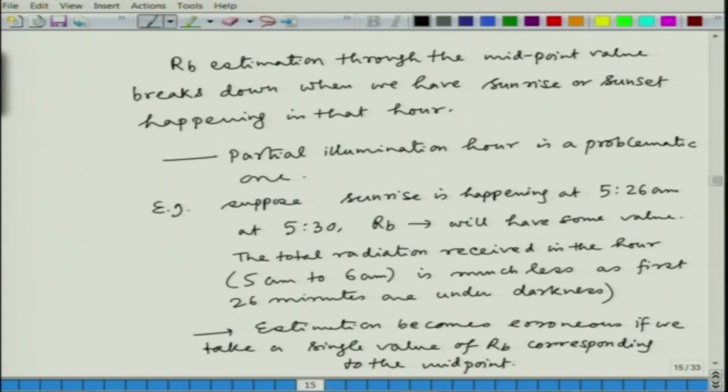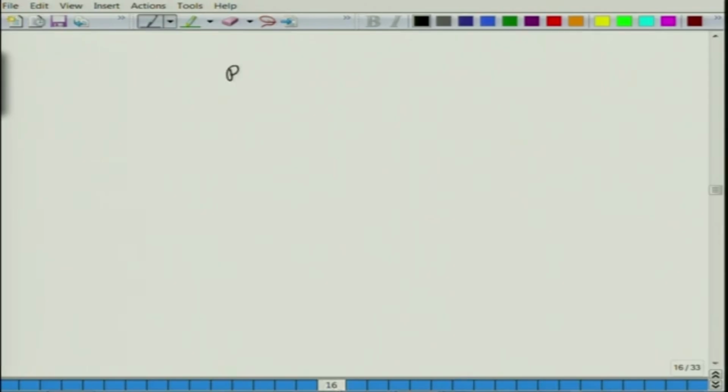Okay. So, what we need to do then? We take an average value of R B corresponding to the whole period.